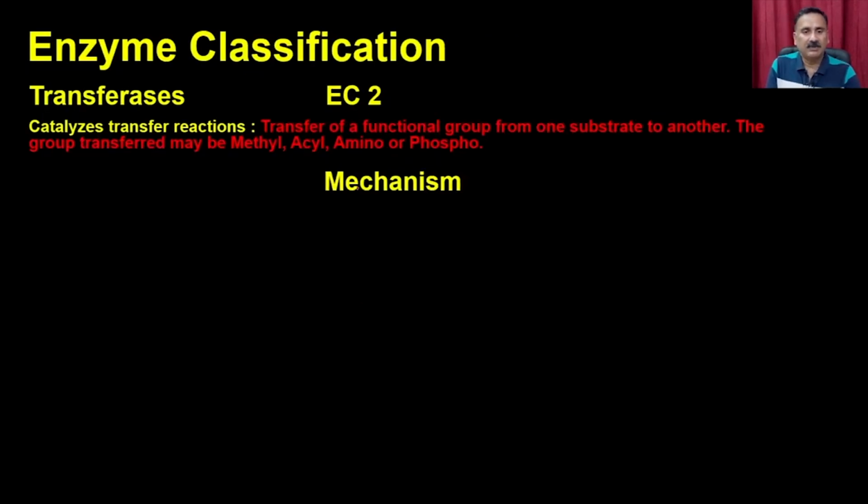Now, if we talk about the mechanism, the mechanism is very complicated, so we'll take just an example of a kinase. You know how the kinase works. If you talk about the substrate, for example, this is the substrate for the kinase.